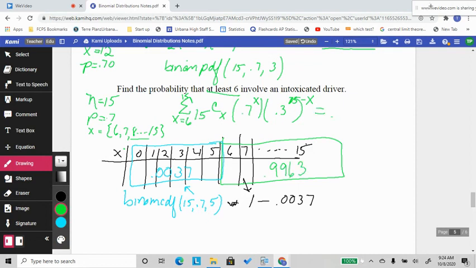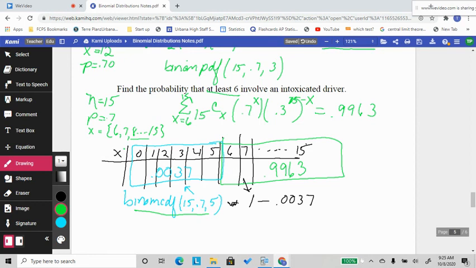So the answer to this problem is 9963. It is a lot easier to do this, because that's all I have to type in, and then do 1 minus it. So what did I do here? I did what I didn't want. I wanted 6 through 15. So do what you don't want, 5 to 0. And then I did 1 minus it.